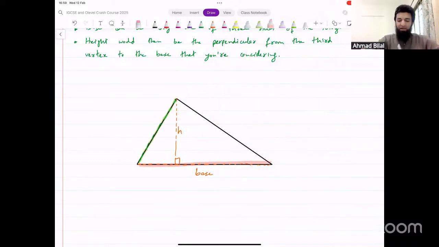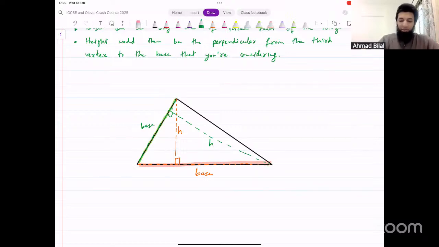If I'm taking that green side as the base now, what is the height going to be? Height is going to be the perpendicular coming from the third vertex to the base. It might look something like this, such that this angle here is 90 degrees. This would be the height in that case, if you're taking this side as the base. So the height depends on which base you're taking.